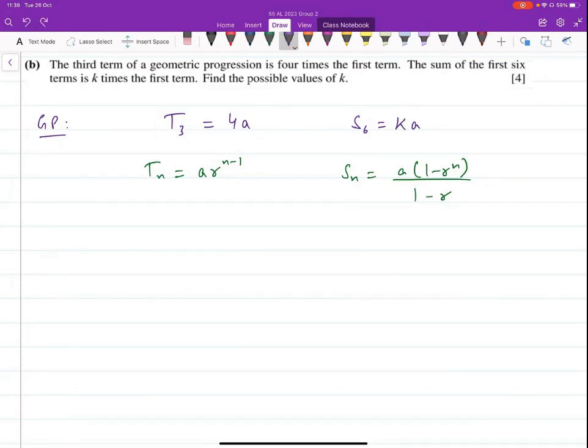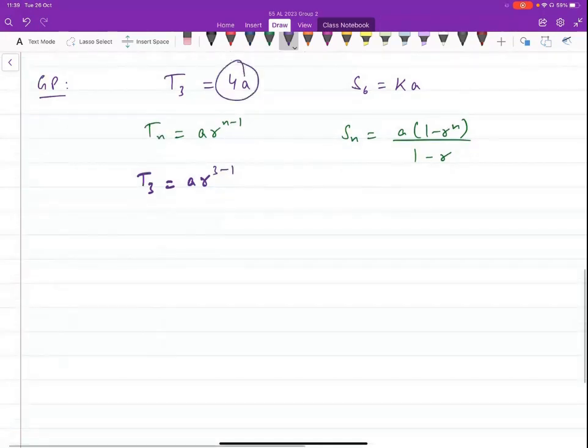We say T3 should be A r. We don't know what the value of r is either. So we have A r raised to power 3 minus 1. उसने हमें बताया है the third term is 4 times A. We input that here. We say 4A equals A r square and 4 equals r square.